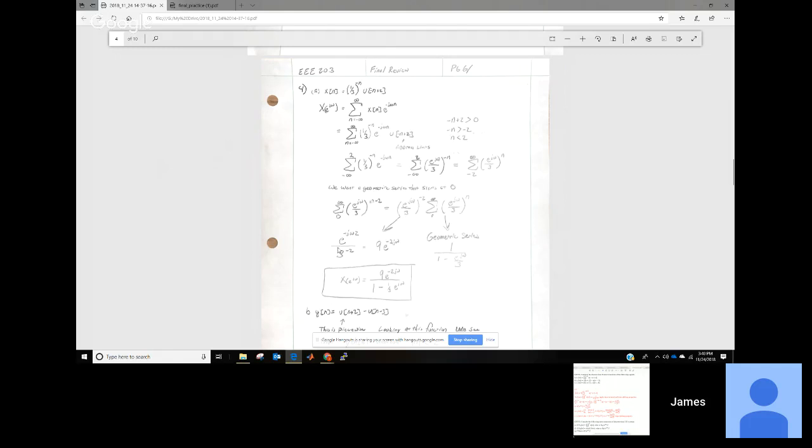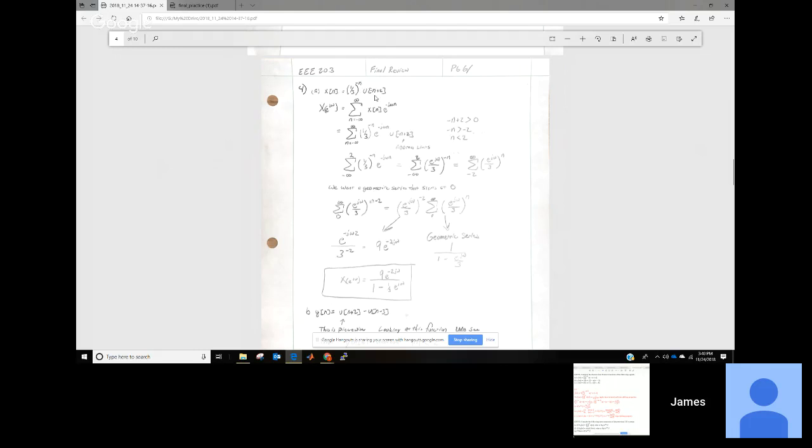This one I just outright calculated, and this one I used the geometric series, and combining them all together, we have on the numerator 9 times e to the negative 2 jw, divided by 1 minus 1/3 e to the jw. All of that worked out to the same answer as the key, which means it's cool. So hopefully I didn't confuse anybody. That's my process.